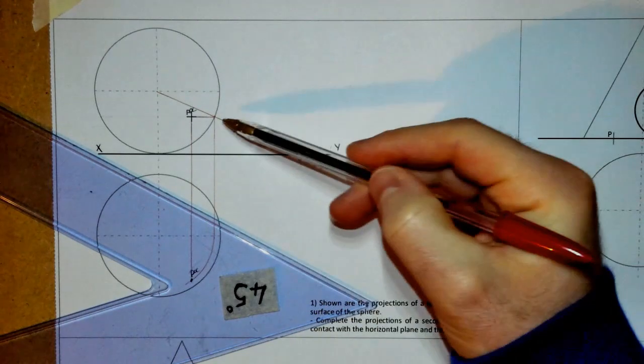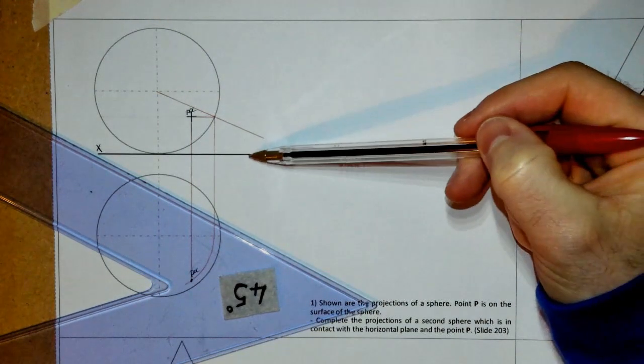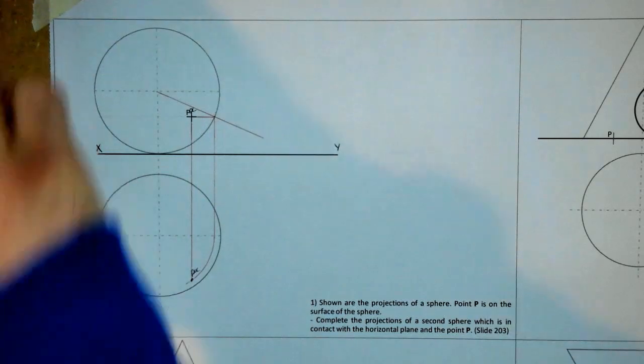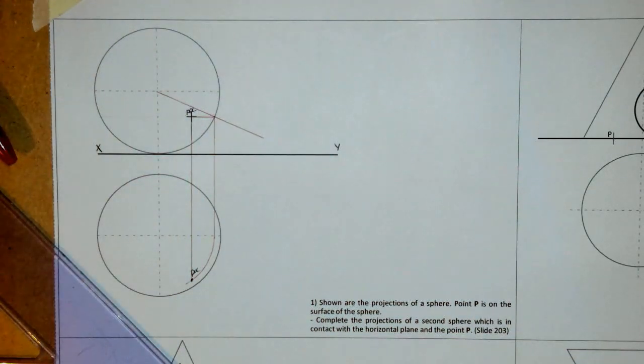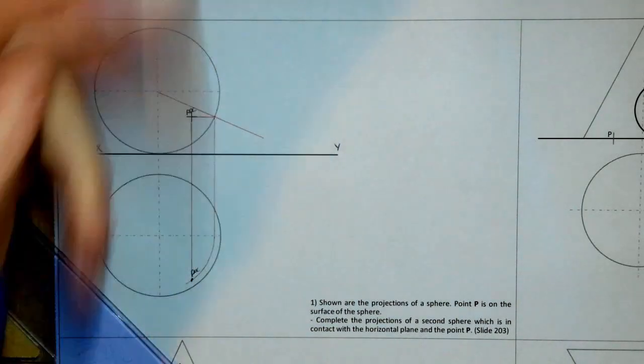So somewhere out along there, we're going to have a sphere that is both touching the XY line and the larger sphere. So we have to set a path of points that are equidistant from both the large sphere and the XY line.